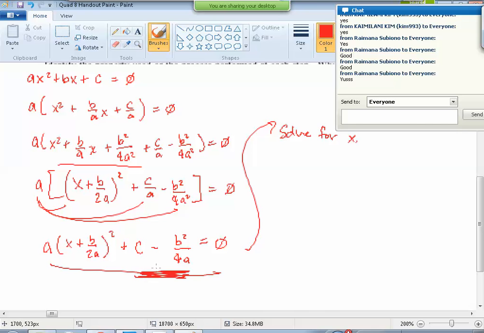So what I'm going to have is a times x plus b over 2a squared equals b squared over 4a minus c.